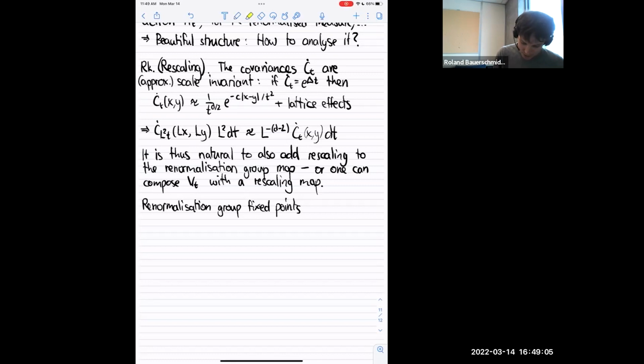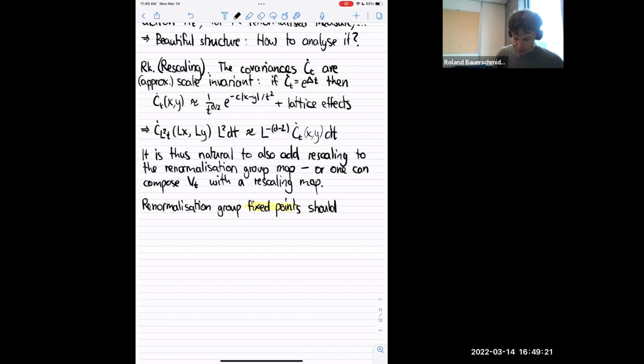And conceptually, this is, I think, a really important notion that the renormalization group idea of thinking about the problem introduces.